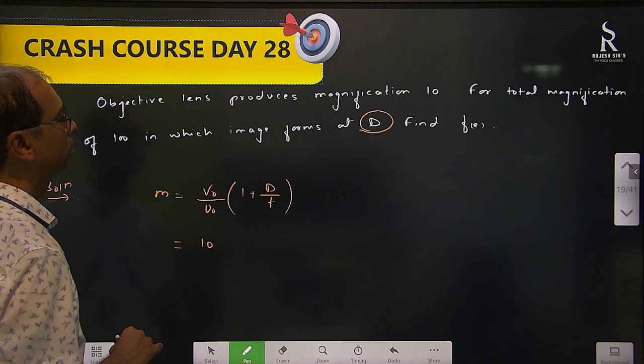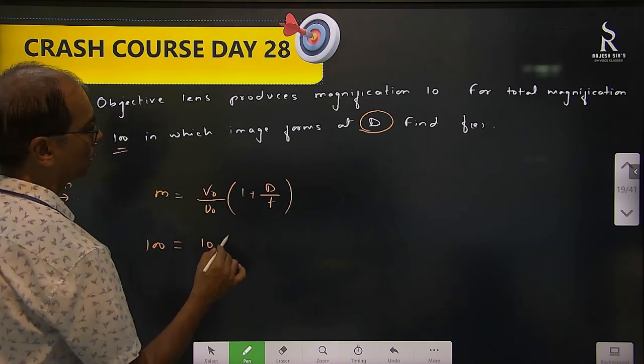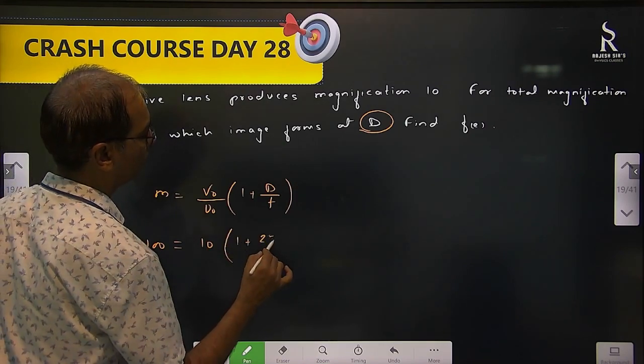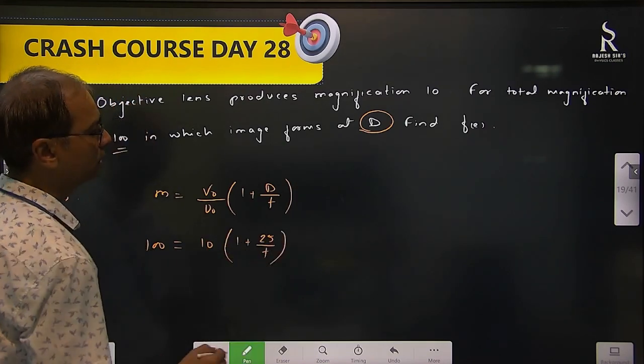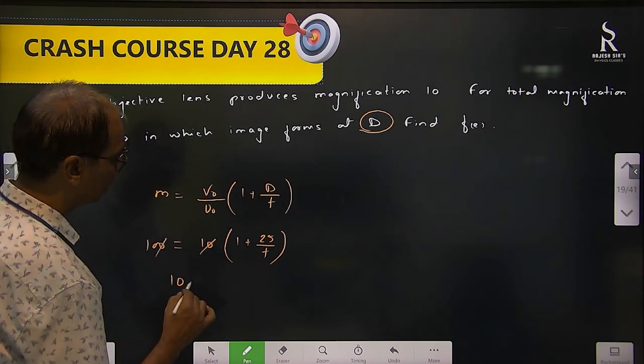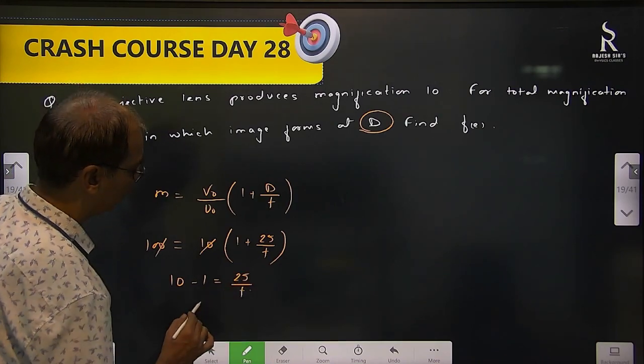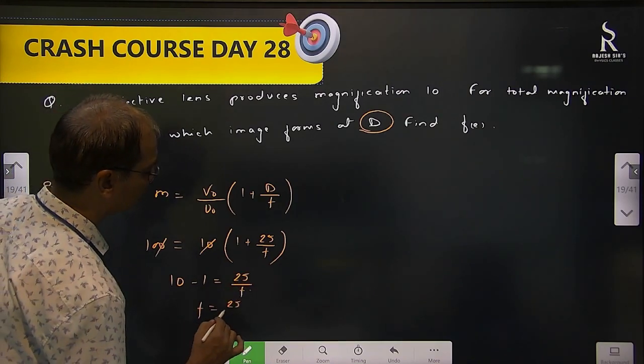And this is 100. This is 1 plus 25 by F, and he is asking F only. No problem. Then 10 minus 1 equal to 25 by F. So F equal to 25 by 9.